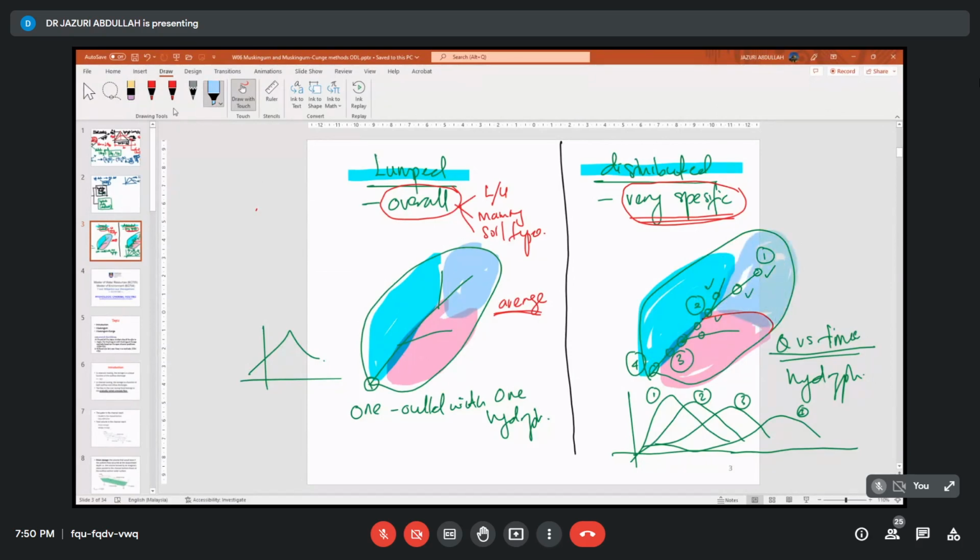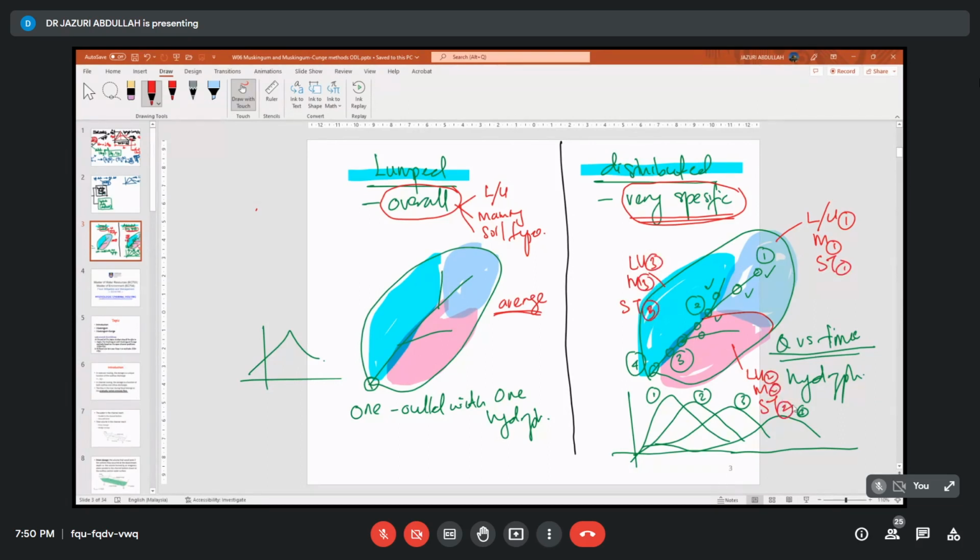So each of this area, let's say you have the land use 1, land use 2, and land use 3, you have the Manning 1, Manning 2, Manning 3, you have the soil type 1, soil type 3, soil type 2, soil type 1. Okay, so you have the specific at the different location.